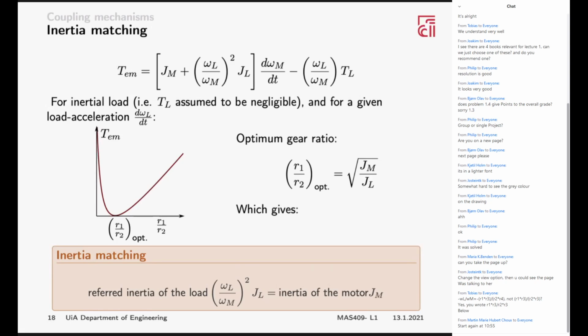So if we recall the last formula we have seen in the ideal gearbox, and we set the load as a pure inertia load, which means that we don't have any external forces applied to the load. It will just be the inertia JL. Then we have a TL equal to 0.